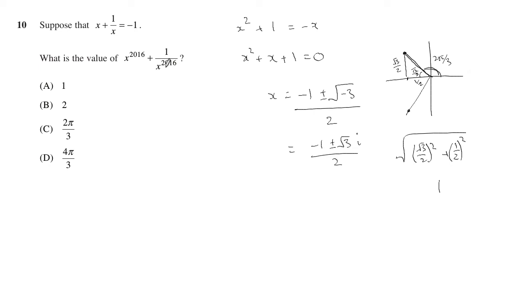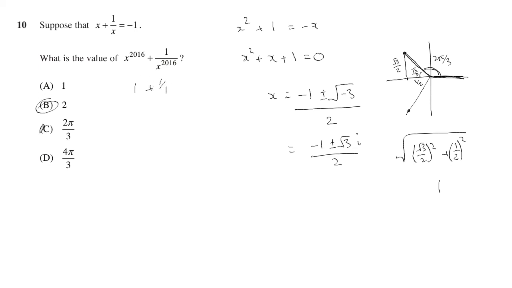Now, because 2016 is divisible by 3, like you can see that the digits add up to 9, so that's divisible by 3, the argument of x to the 2016 is going to be a multiple of 2 pi. So essentially, it's just on the real axis, and is 1. So x to the 2016 is just 1.